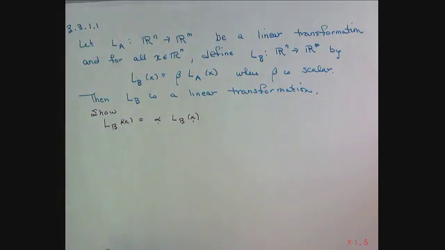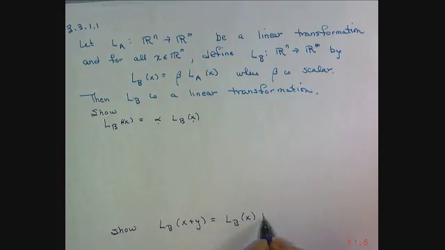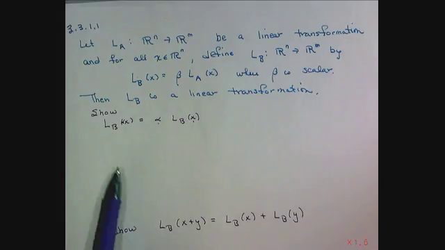What else do I need to show? I need to show that L sub B of x plus y is L sub B of x plus L sub B of y for all vectors x and y in Rn, because these two conditions must hold for a linear transformation.